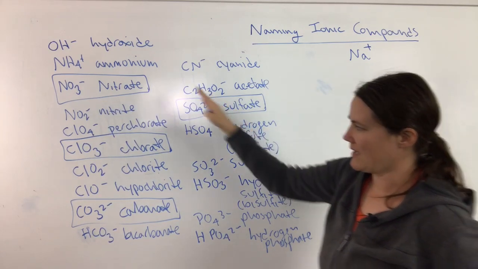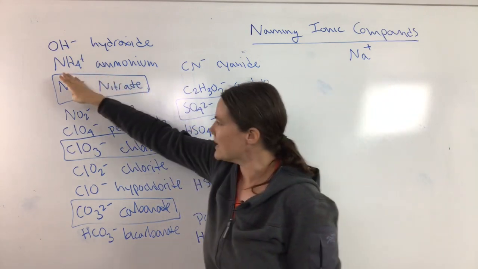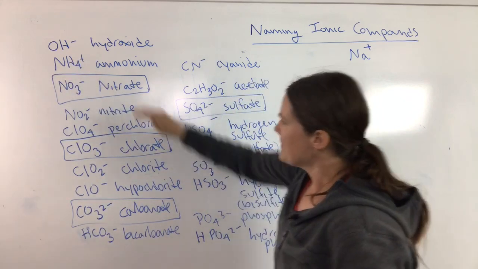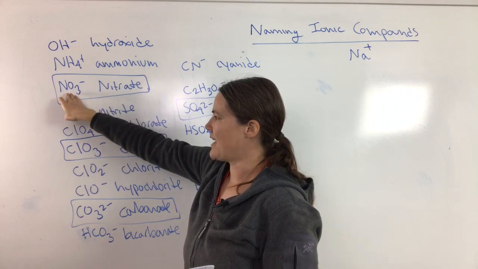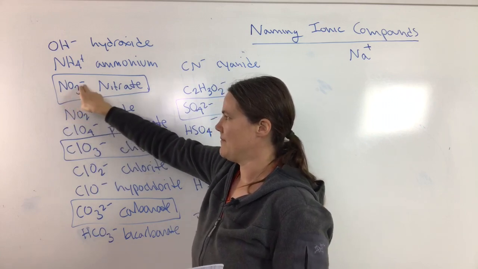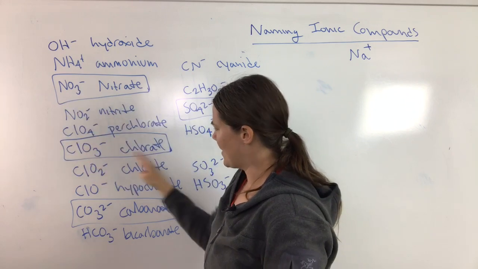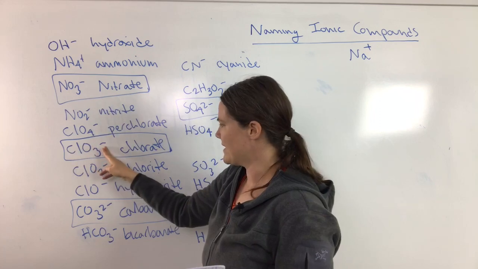And polyatomic ions are clumps of atoms that basically have a charge. So, for instance, nitrate has nitrogen and 3 oxygens, and it has a negative charge. Chlorate has a chlorine and 3 oxygens, and it has a negative charge.